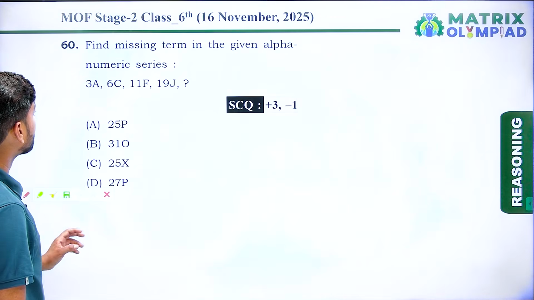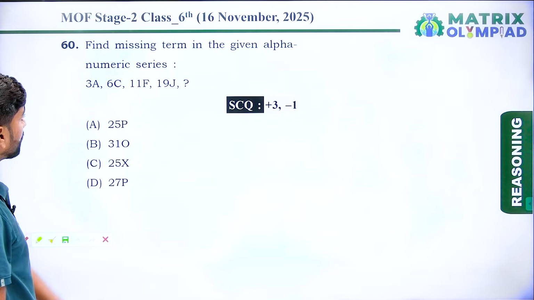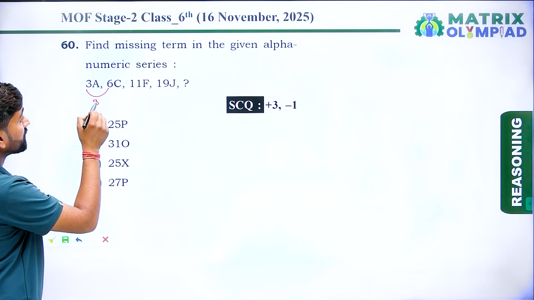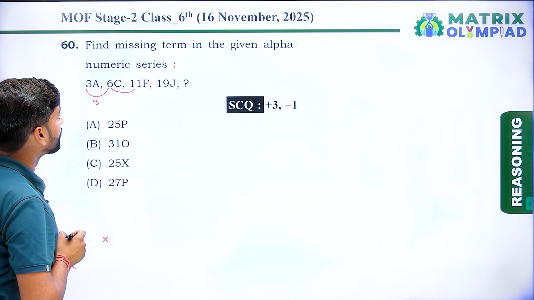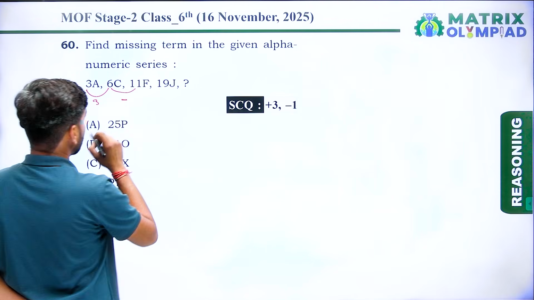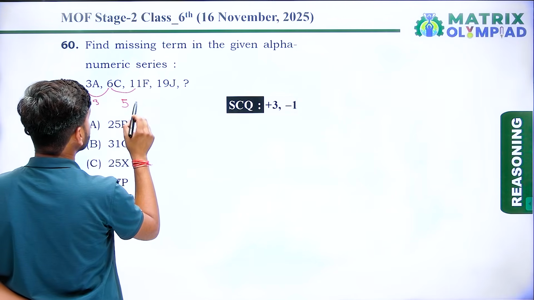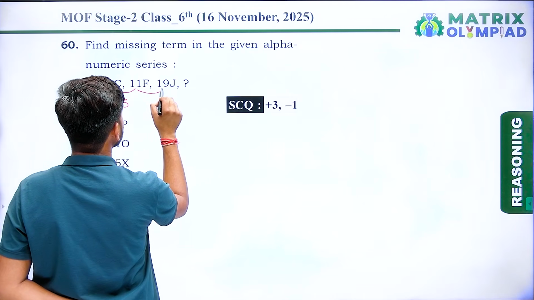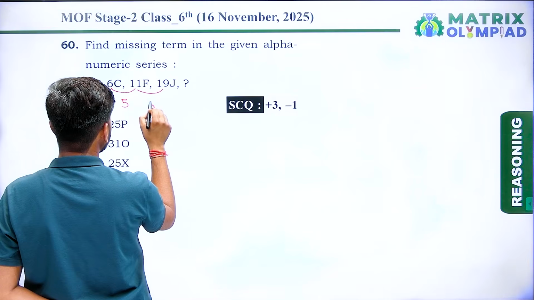In this question, we have an alphanumeric series. So let's check out the pattern. If we go from 3 to 6, we have a difference of 3. Then 6 to 11, we have a difference of 5. Then from 11 to 19, we have a difference of 8.